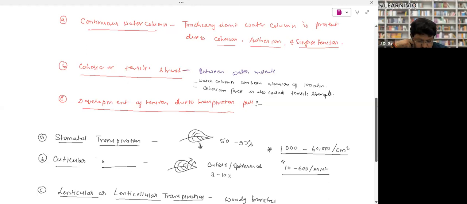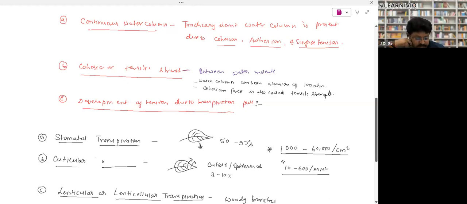Full stop. The mesophyll cells withdraw water from deeper cells. Full stop.